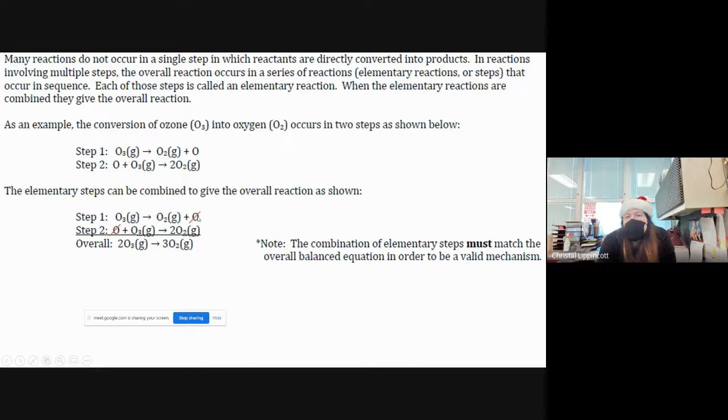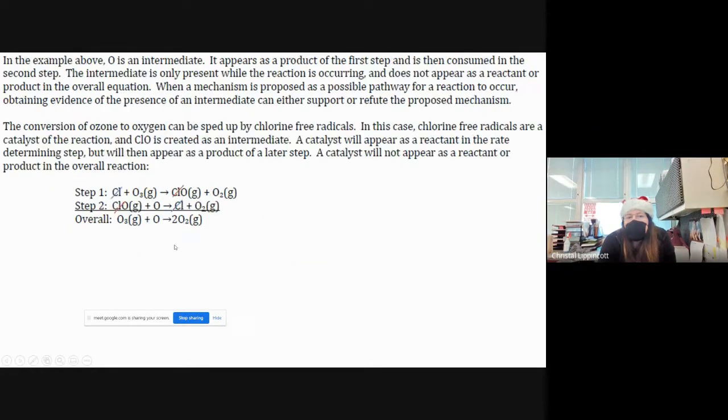So we're going to get rid of that, and it's not going to show up in our overall reaction. So when we add these together, we would have 2 of these and 3 of these formed. That intermediate is gone; it's being consumed. So we're not going to show it in our overall reaction, but it actually exists.